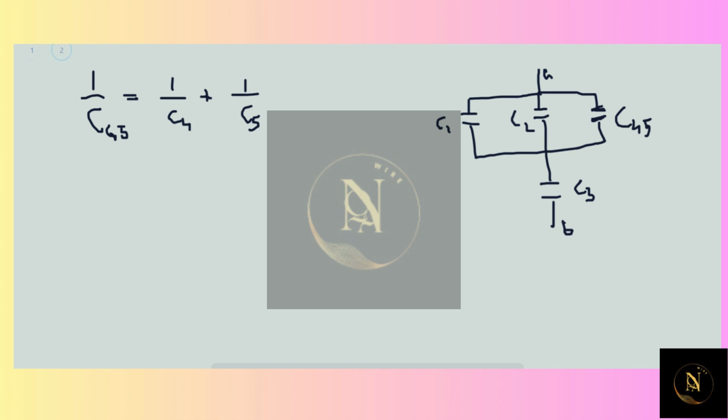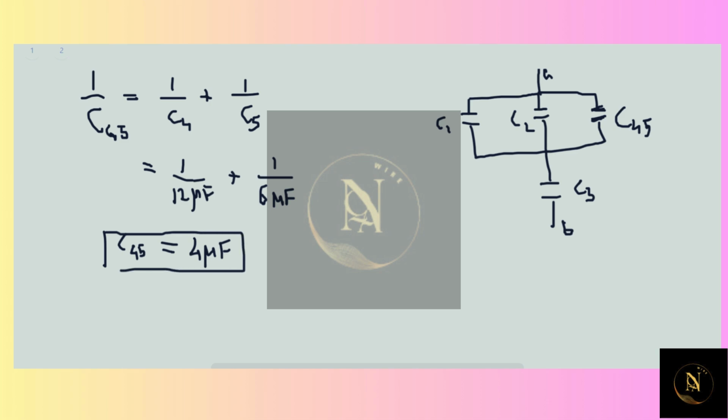If I substitute these values, 1 over 12 microfarad plus 1 over 6 microfarad, and do the algebra, the net capacitance for this combination of C4 and C5 comes out to be 4 microfarad. So this is the net capacitance for the combination of C4 and C5 which are connected in series.